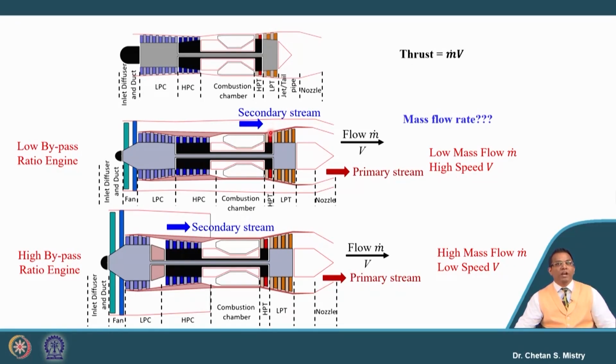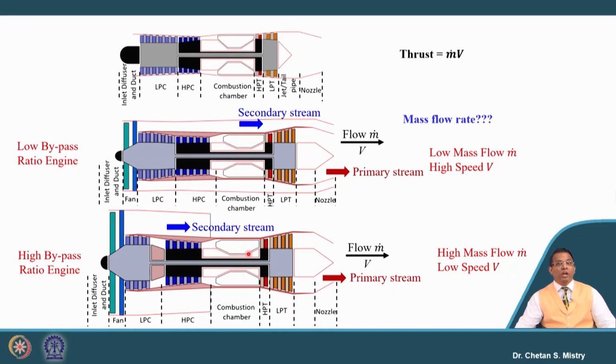If we are able to increase the turbine entry temperature, we can increase our thrust, improve our thermal efficiency, and improve our overall efficiency. What was the constraint? We cannot move beyond a certain value because of metallurgical constraints. Now, in this case, the bypass air passing through this casing will give the cooling action.